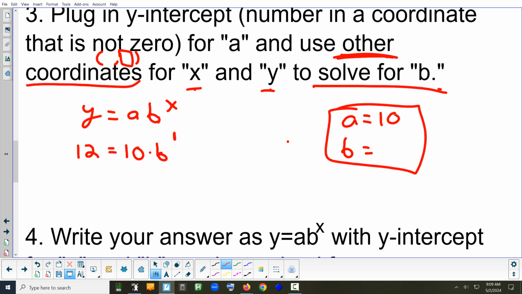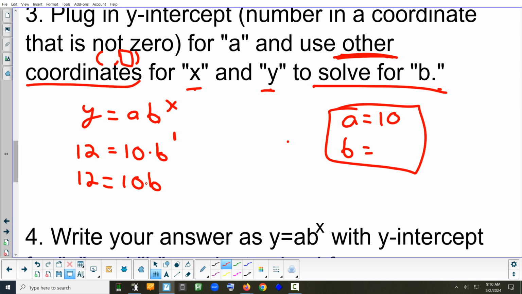Think about PEMDAS. It's raised to an exponent. That's the first thing we need to do, exponent. What's b to the first power? It's just b, right? When you raise something to the first power, that doesn't change it at all. So b to the first power is really just b.